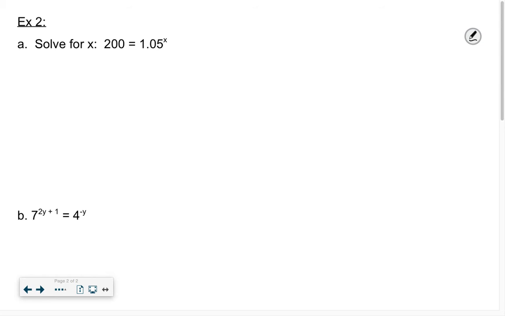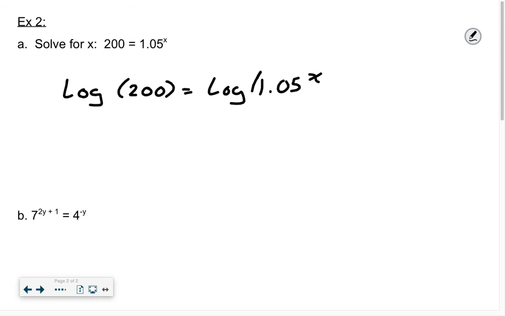So what we're going to do is take the log of both sides here. I'm going to say that the log of 200 is equal to the log of 1.05 to the x. The reason we want to use logs is because of that power rule.